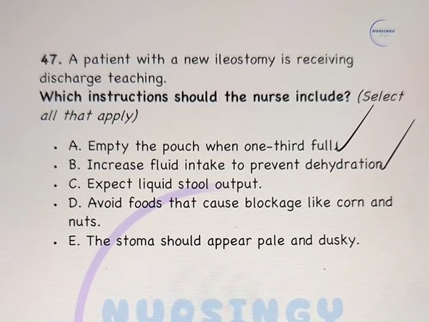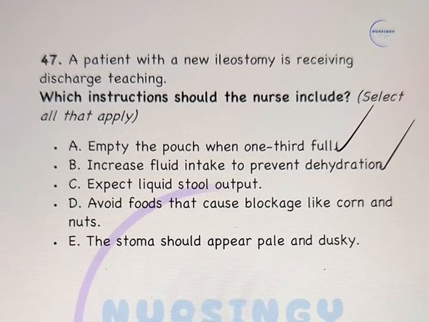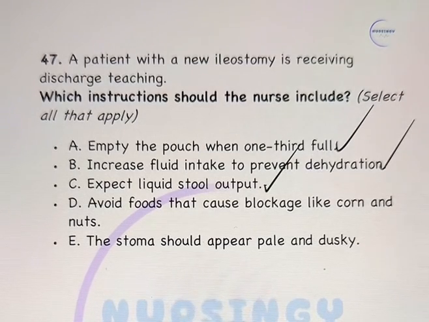What about C? Expect liquid stool output. Yes, that's the one we are talking about because it's coming from the small intestine. This is a very normal finding because stool hasn't passed through the large intestine yet. Okay, avoid food that causes blockage like corn and nuts.